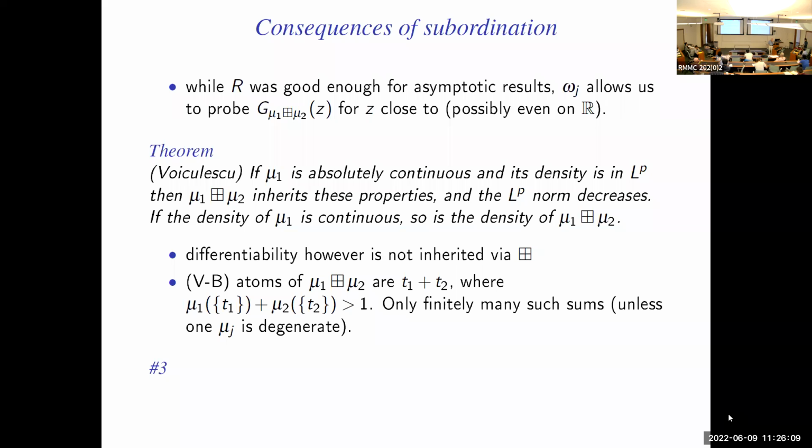And then there are results that connect the tails of a symmetrization with the tails of the original measures, if you make them somewhat centered. So is such a result true for free symmetrization?